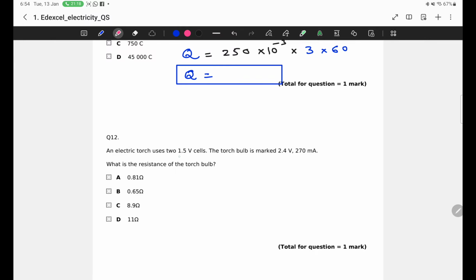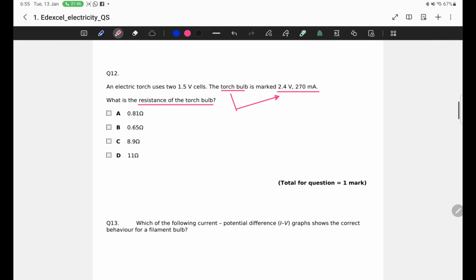And now question number 12. You are given voltage, you are given current, and what is the resistance of the torch bulb? Actually, you are given the specification of the torch bulb, so obviously you will use the specification of the torch.